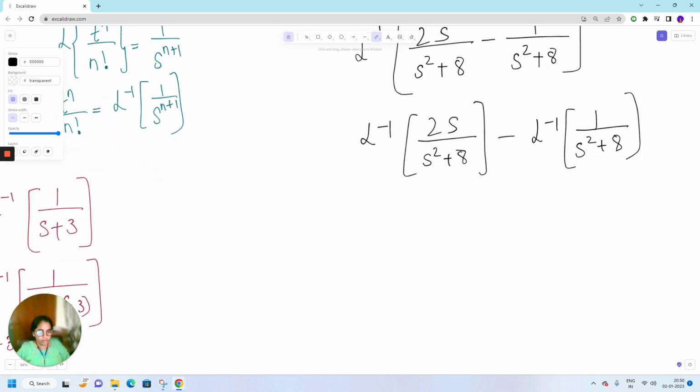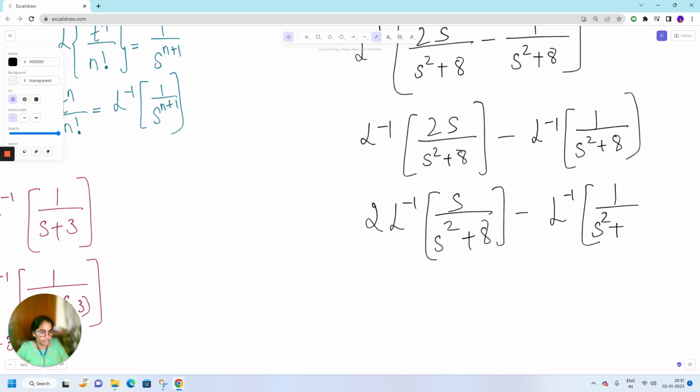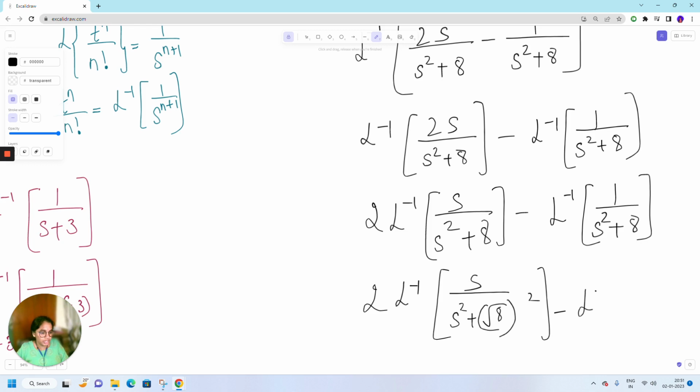So what would I get? 2 is a constant, I'll take it out. Laplace inverse of s divided by s square plus 8 minus Laplace inverse of 1 divided by s square plus 8. I'll write 8 as root 8 the whole square. Why? 8 is not a perfect square, right? So minus Laplace inverse of 1 divided by s square plus root 8 the whole square.